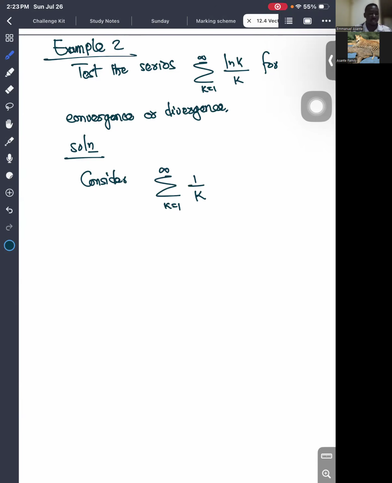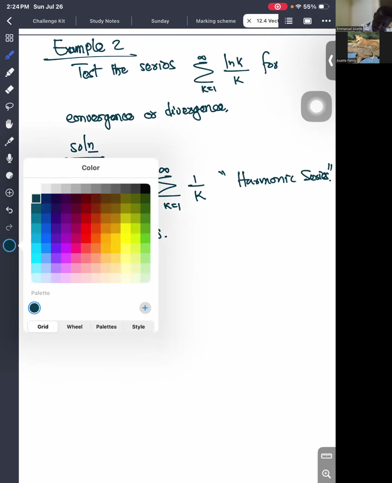The more examples that you solve, the easier this portion becomes. This is actually the harmonic series, and we learned that it diverges.